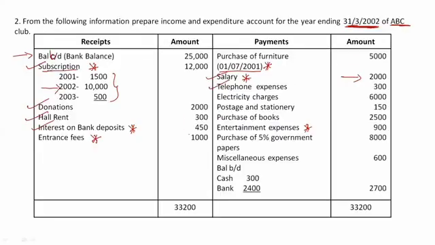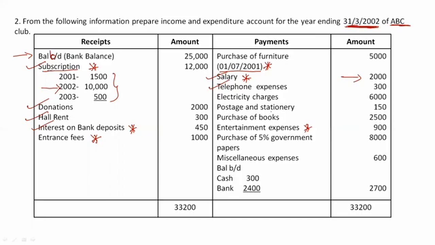Then back to question. We have purchase of books. In the previous question also we had the same transaction. I told you that books are not treated as revenue expenditure because we do not purchase books very often. We purchase magazines, journals, newspapers on a regular basis. But books we do not purchase on a regular basis.